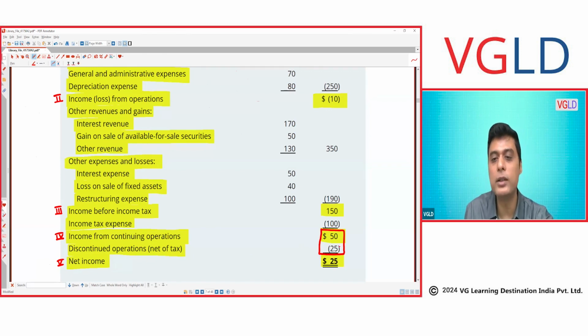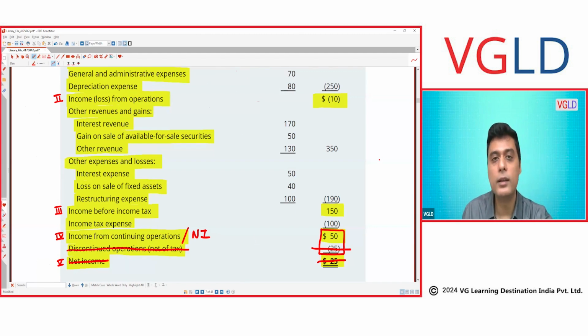Plus or minus, that depends on whether it's a positive number or a negative number. That means if a company does not have any discontinued operations, then in their case, income from continuing operations is also the net income.